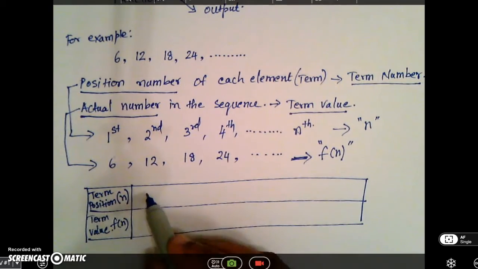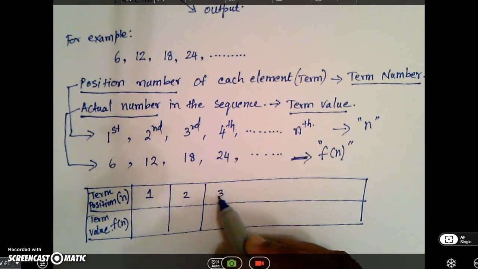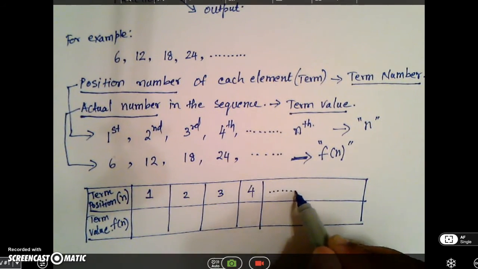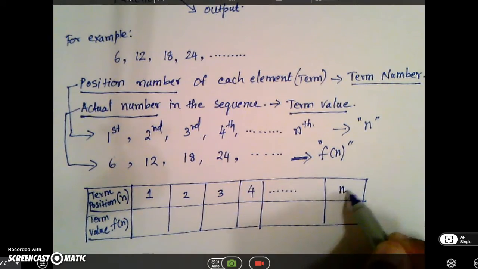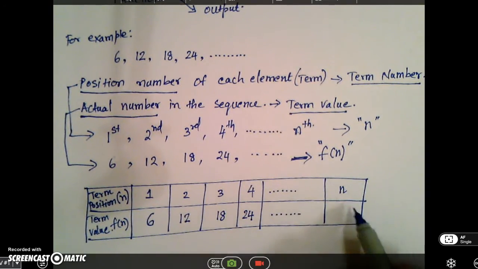So my term position is either 1, 2, 3, 4, goes on and on up to n. And my term value is the actual sequence, 6, 12, 18, 24, goes on and on.